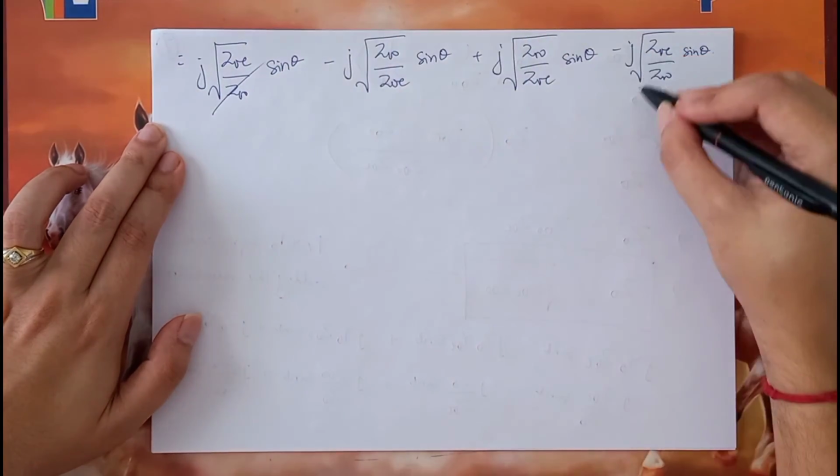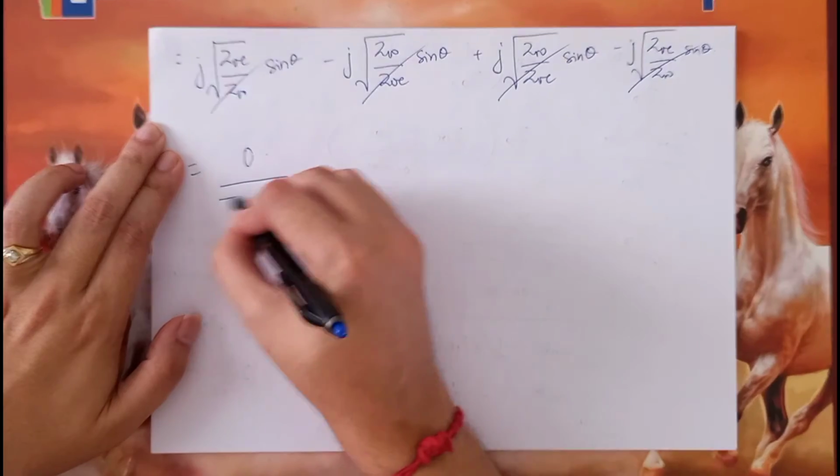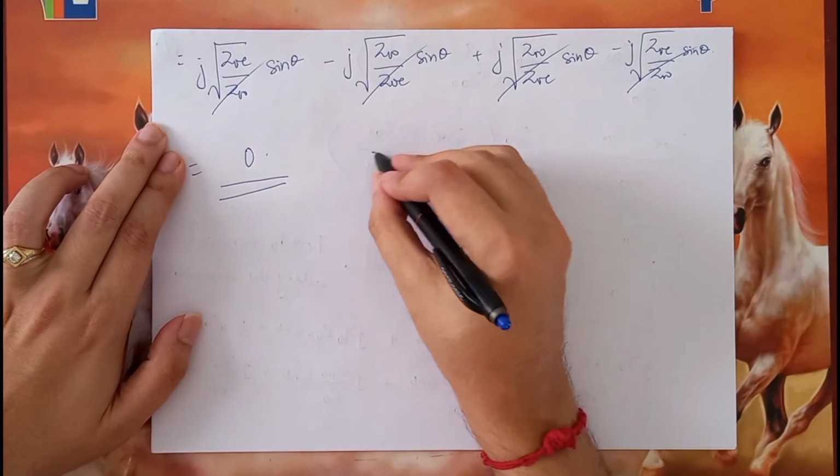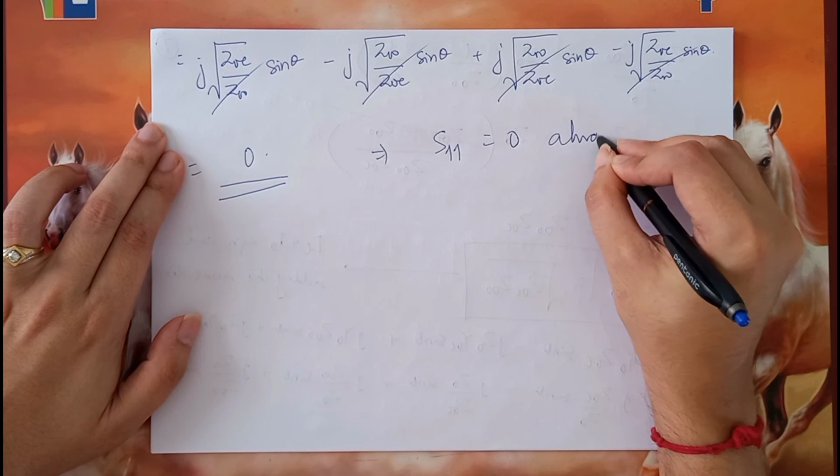What we are seeing is that these two cancel out and these two cancel out. So therefore this is 0, which means that S11 is 0 always.